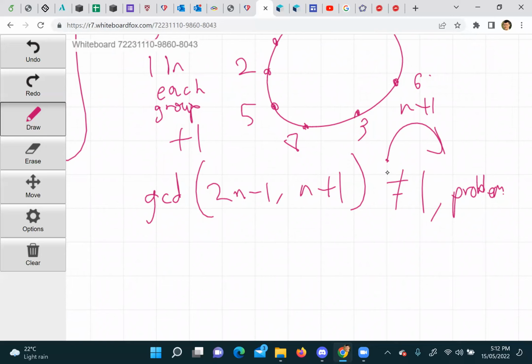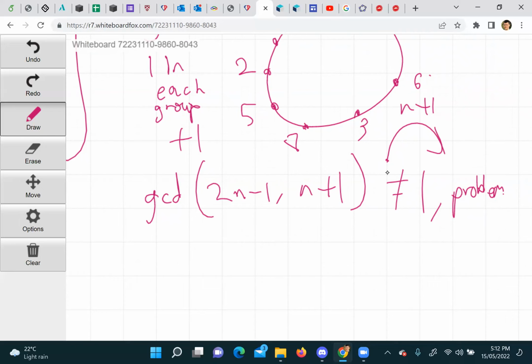Luckily for us, this doesn't occur too often. When does this occur? It's the same as the GCD of 3n and n plus 1. So the question here is, can anyone tell me what to do with this? Oh, it's just 3. Euclid. It's 3, right?